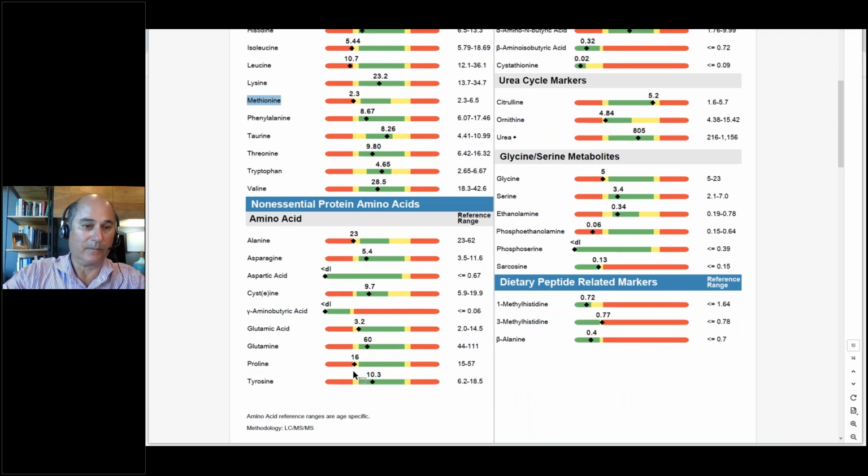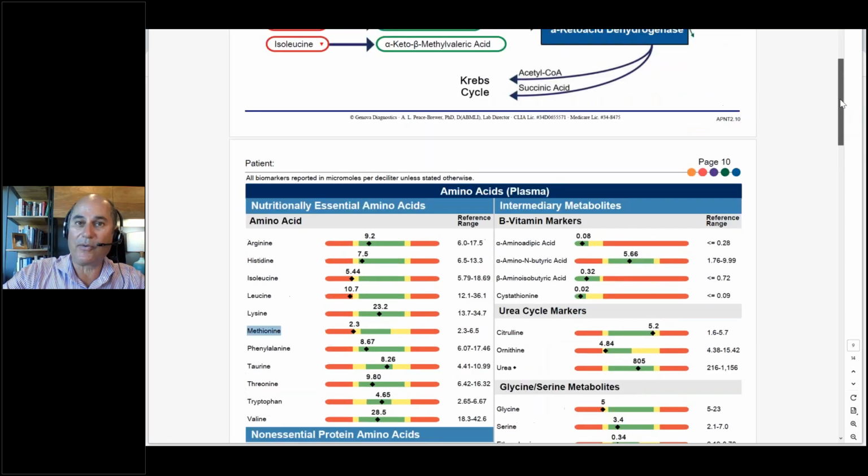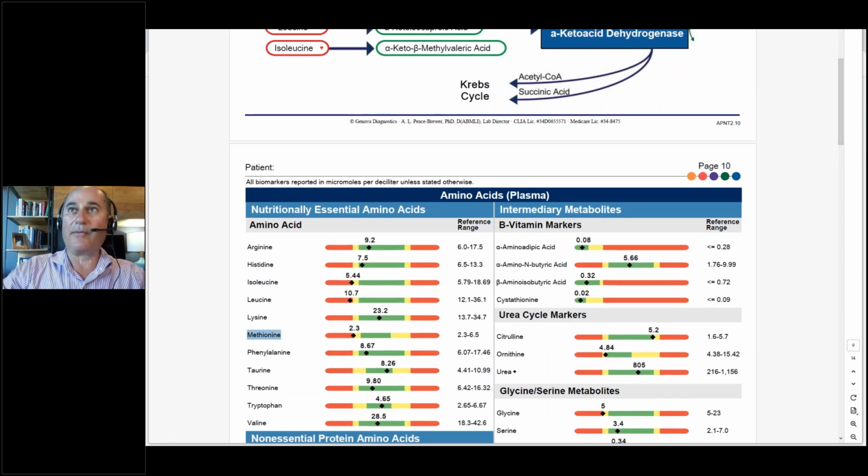Proline, that's usually not supplemented directly, okay? And I'll show you another example of how to actually design programs, and then we'll get to questions. So let me just show you one program design thing here.